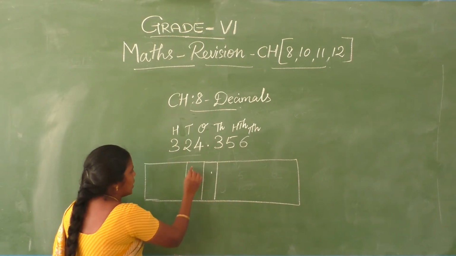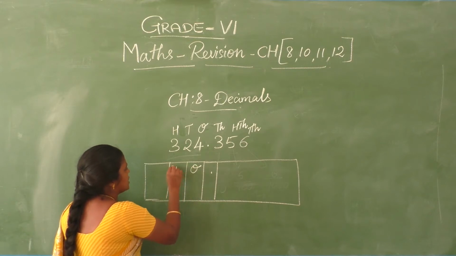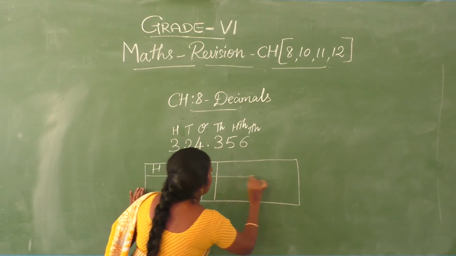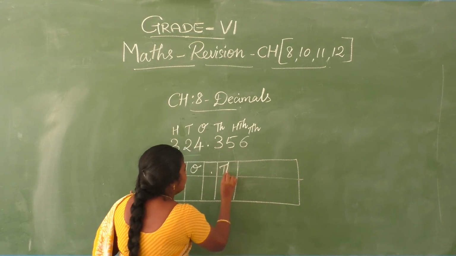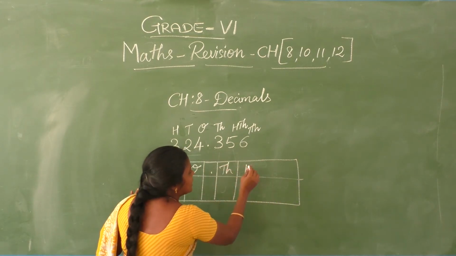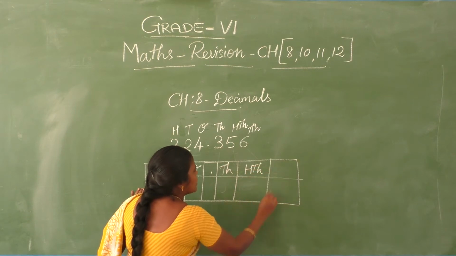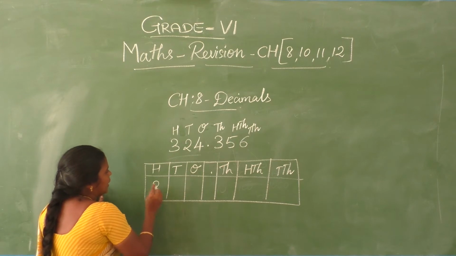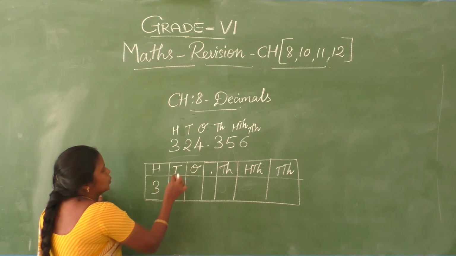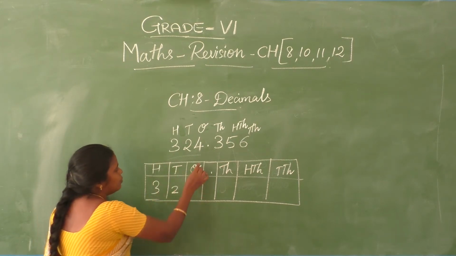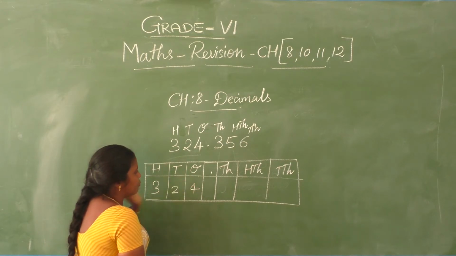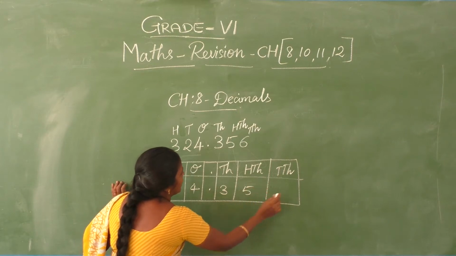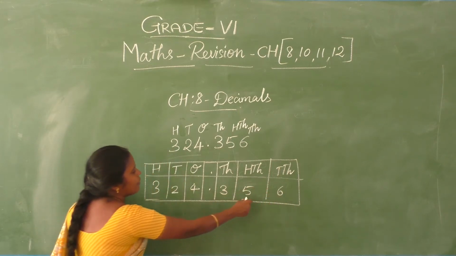Ones, tens, hundreds, and here what comes? Thousands, tenths, hundredths, thousandths. Now apply: 300, 2 tens, nothing but 20, 4 ones, 324; 3 tenths, 5 hundredths, 6 thousandths, 356, like that.